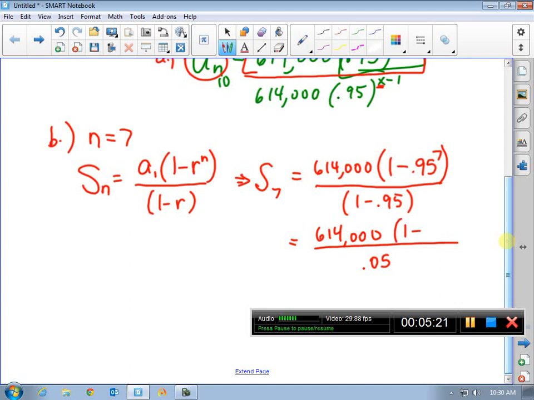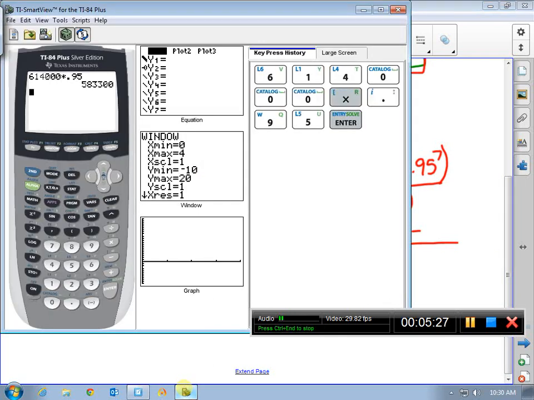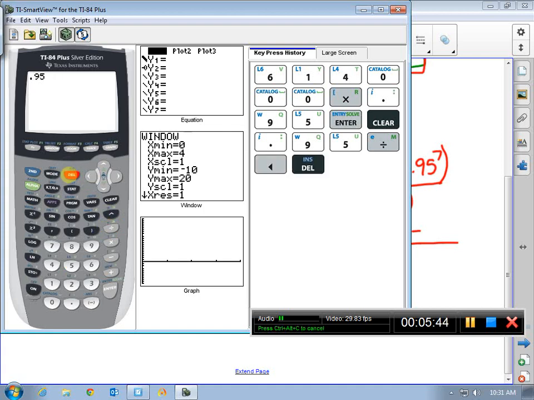Okay, do I have it on here that I can switch? So I would probably do 0.95 to the 7th power.